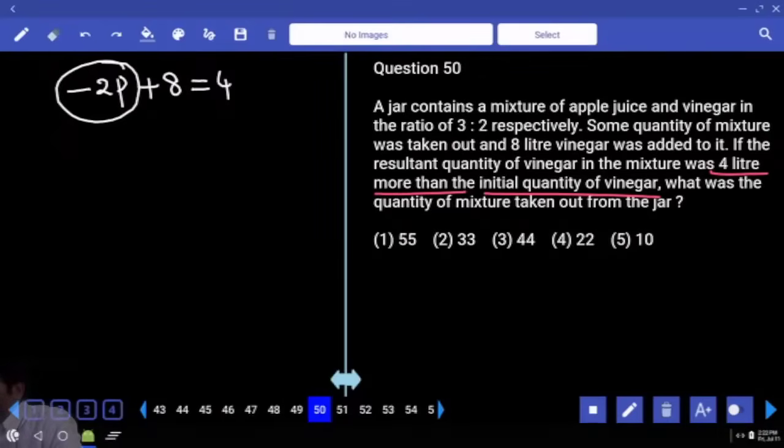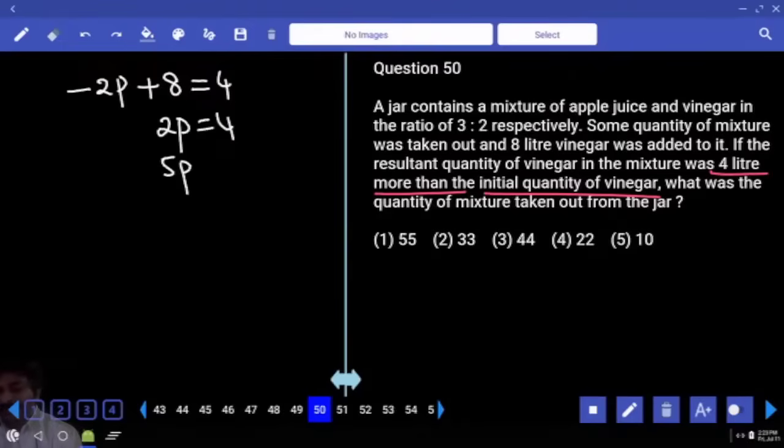The quantity taken out. Yes? Then 2 parts goes to the right-hand side, 4 comes to the left-hand side. 2 parts is equal to how many parts of the quantity we are taking out? That's all. You understand?